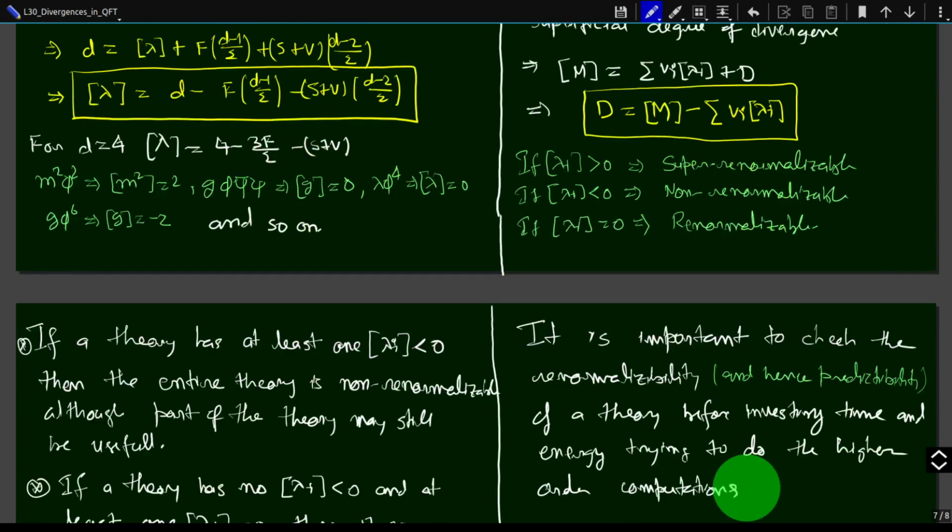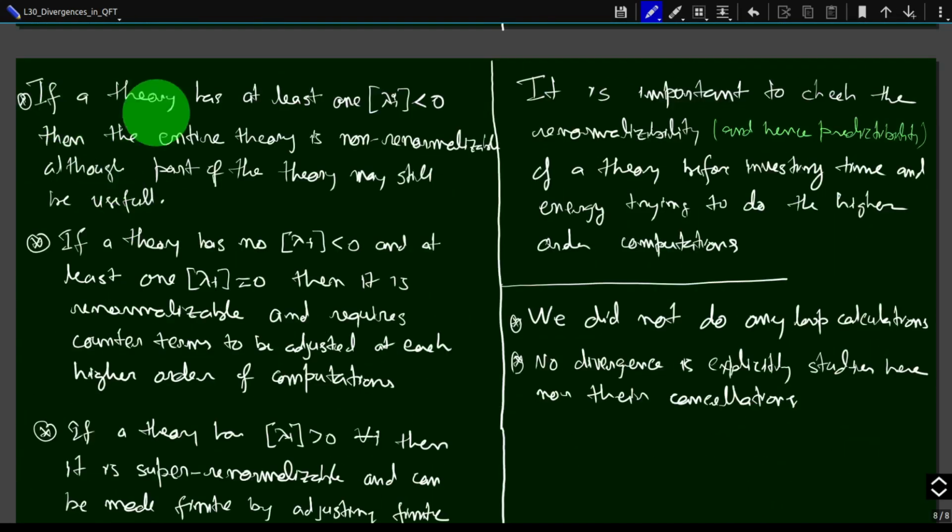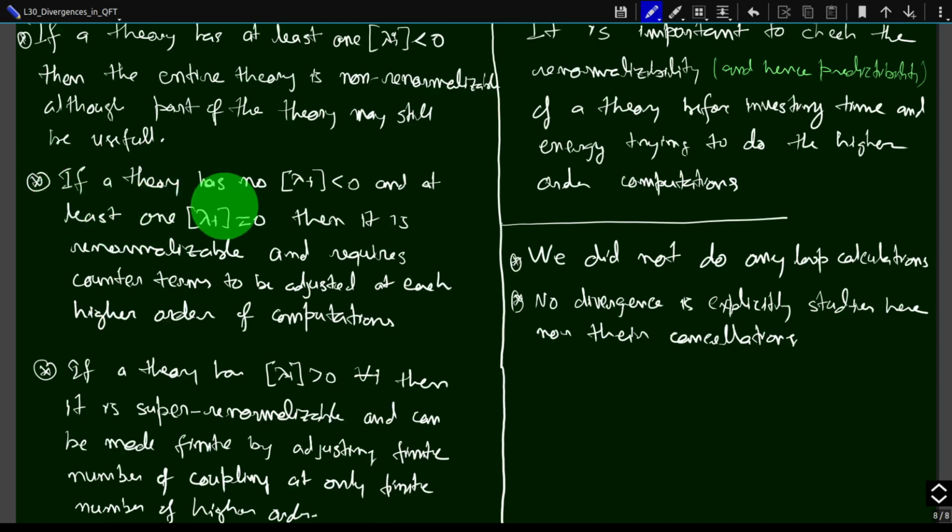To say it again, if the theory has at least one lambda i less than 0, then the entire theory is non-renormalizable, although a part of the theory might still be useful. If a theory has no lambda i less than 0 and at least one lambda i of mass dimension 0, that is renormalizable and requires counterterms to be adjusted at each higher order in computation, because lambda i of 0 means the corresponding Feynman diagram will be divergent at each order.